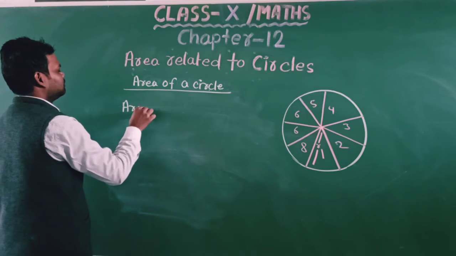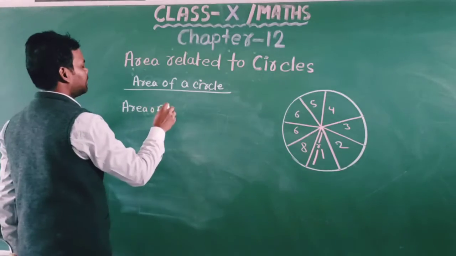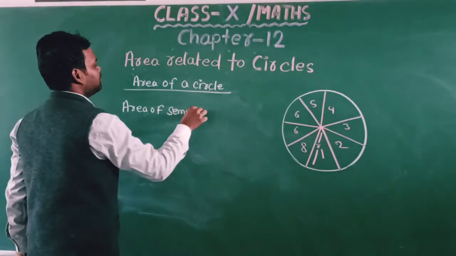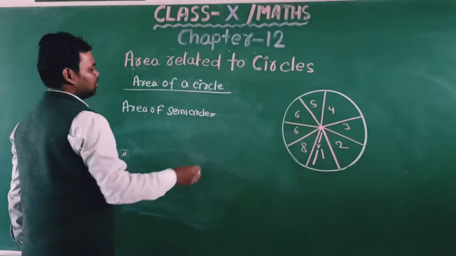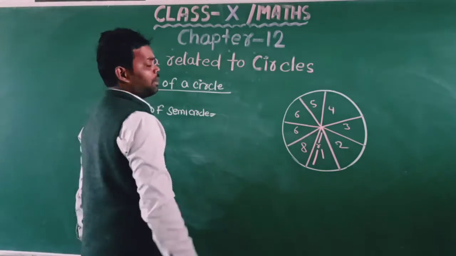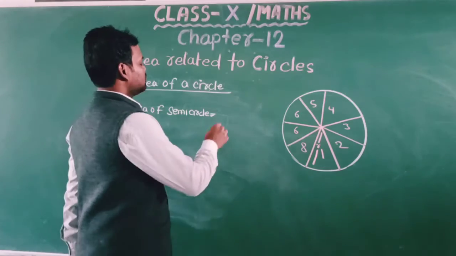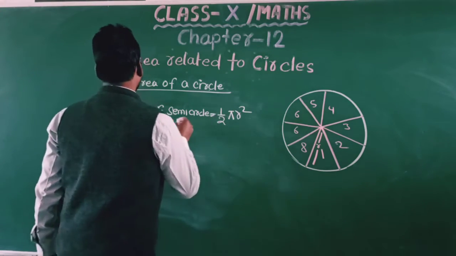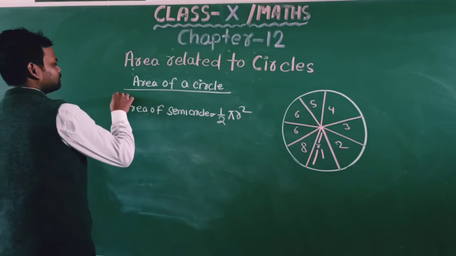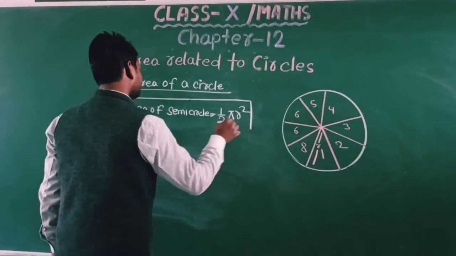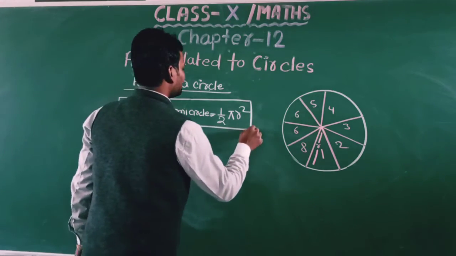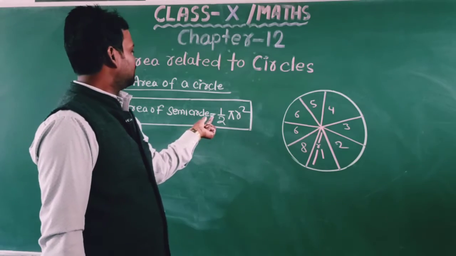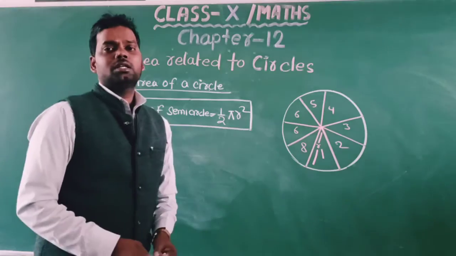Area of a semicircle equals half of the area of a circle, which is 1 by 2 pi r square.